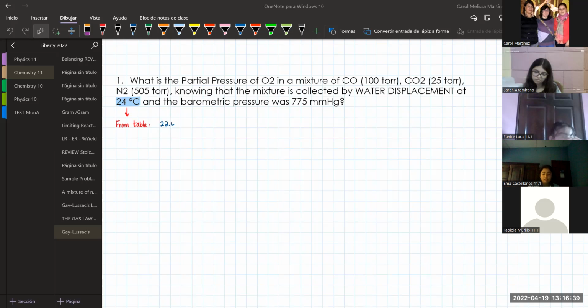These are millimeters of mercury. And as I told you, millimeters of mercury is the same as torr. Well, they are equivalent. So you can say that these are 22.4 torr.